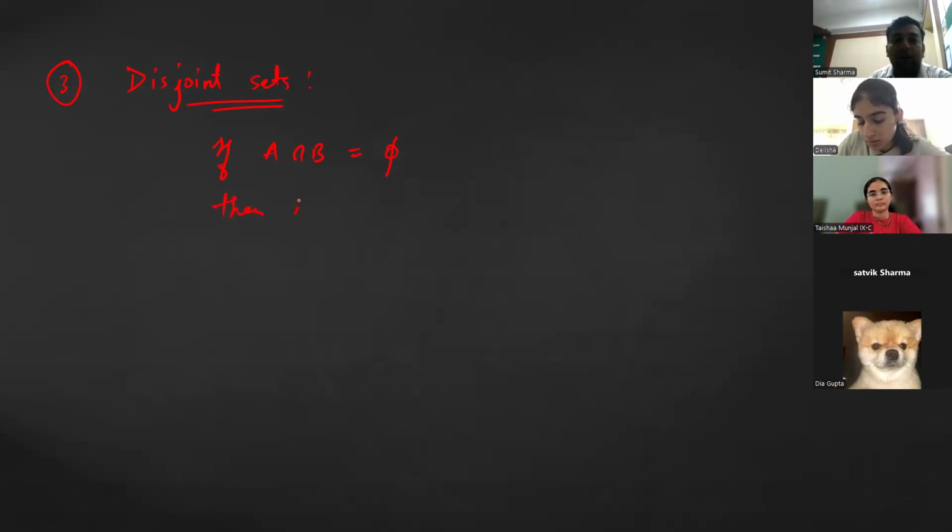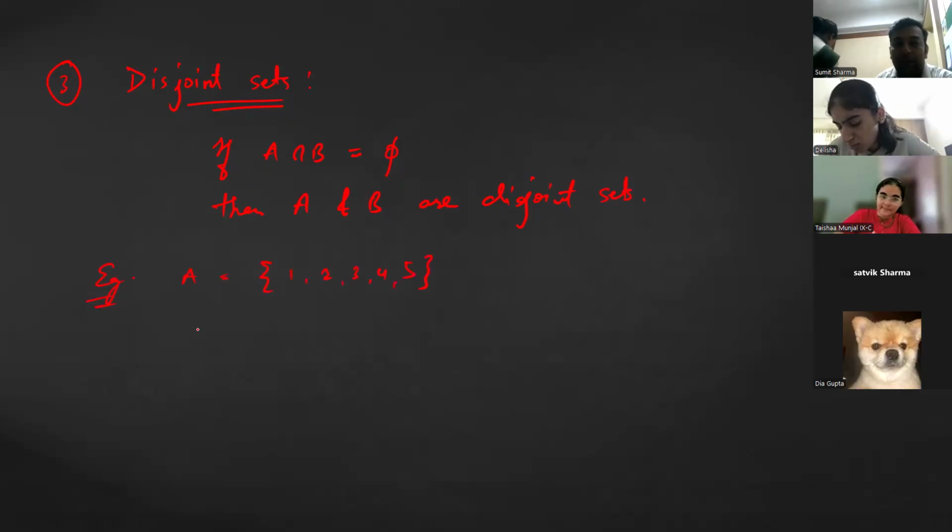Then we can call A and B are disjoint sets, right? For example, let us say A is 1, 2, 3, 4, 5, and B is another one, which is a, b, c, like this. So you can see that there is nothing common between A and B here. So A intersection B will become pi, and therefore we can say that A and B are disjoint sets.